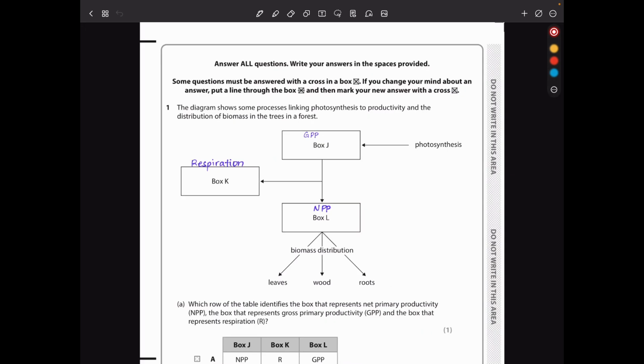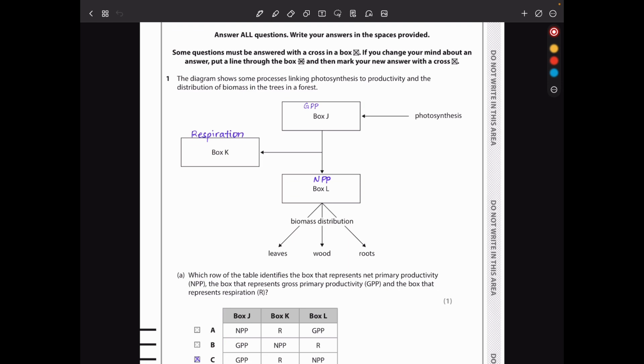In question 1, the diagram shows some processes linking photosynthesis to productivity and the distribution of biomass in the trees in a forest. So this is what they've given us, the different boxes.